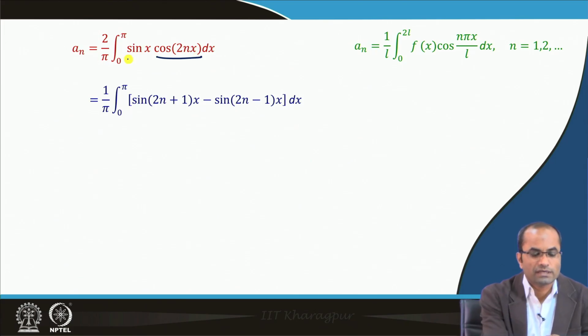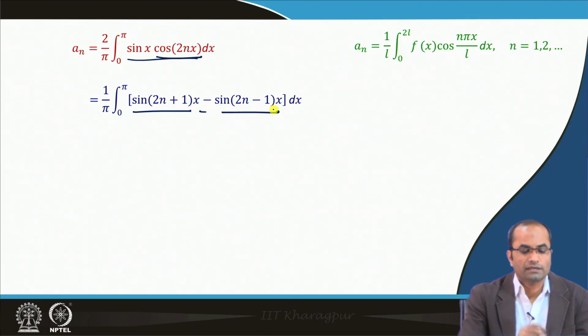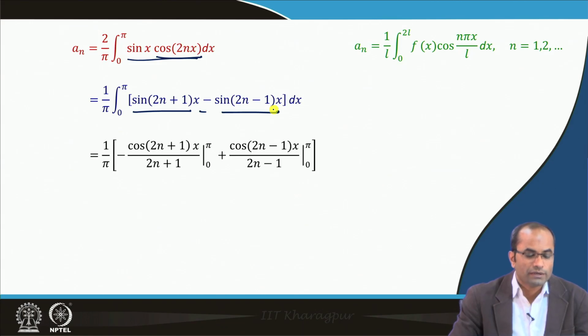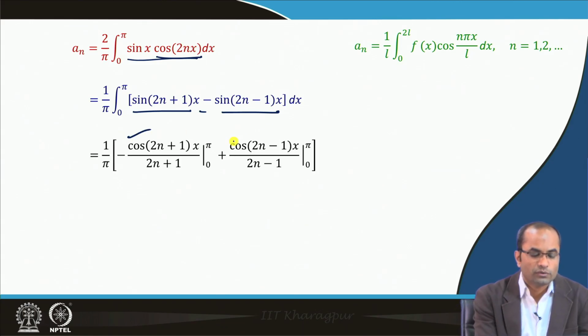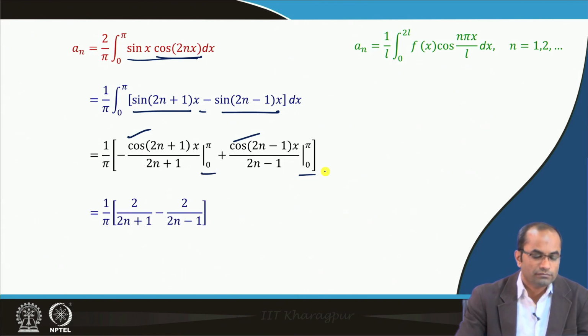So, the 2 sin A cos B formula we will apply. So, 2 sin, the sum will come, (2n plus 1)x, and the minus sign will come with (2n minus 1)x, and then we can integrate it, having this cos at both the places, and then limit 0 to pi. Substituting this pi there, we have 2n plus 1.